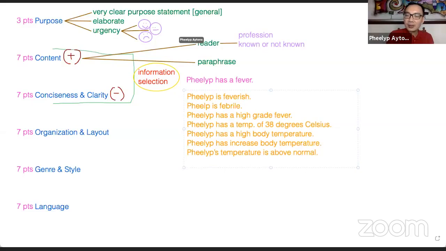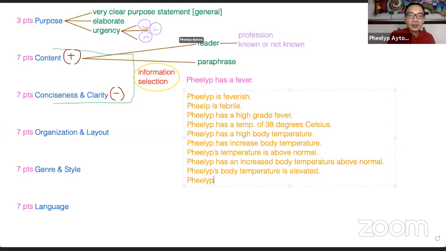Ryan says Pheelyp has an increased body temperature. Anything else? JP says Philip's body temperature is elevated.